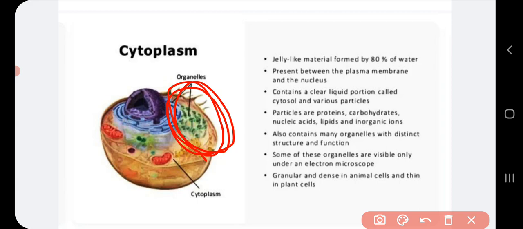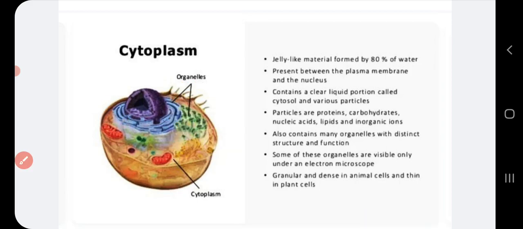It also contains many organelles with distinct structure and function. Some organelles are visible only under the electron microscope. It is granular and dense in animal cells, thin in plants. This is the cytoplasm and its definition.